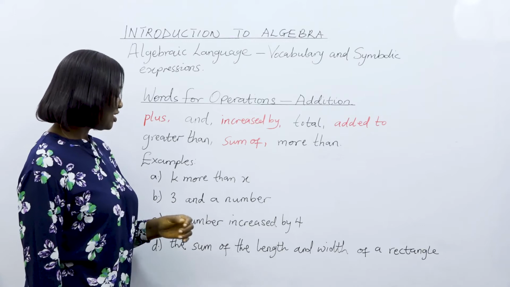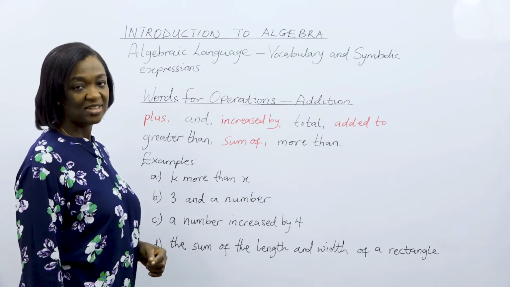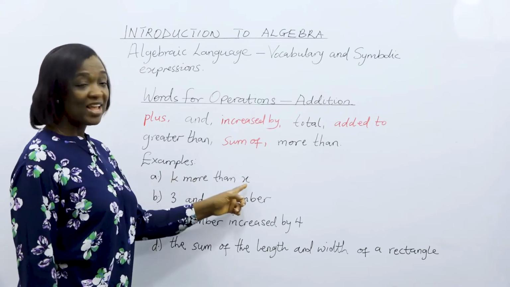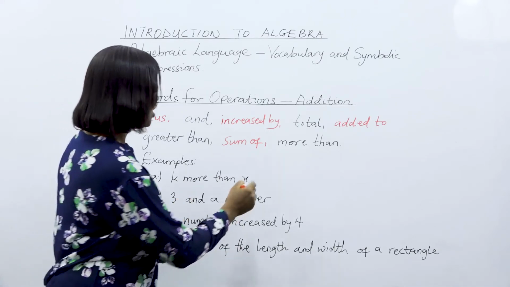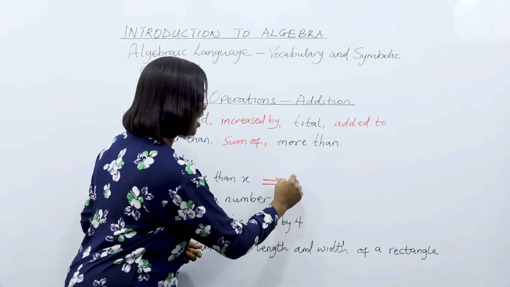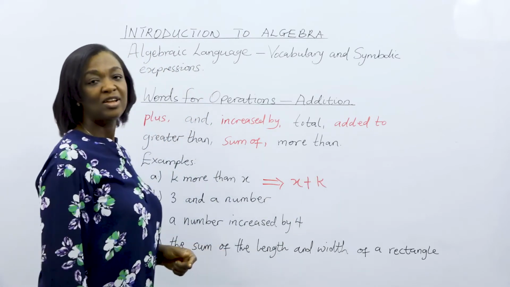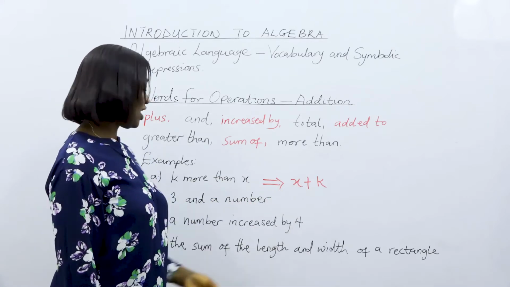For example, k more than s means that the number is more than s by k. So that number will be s plus k.